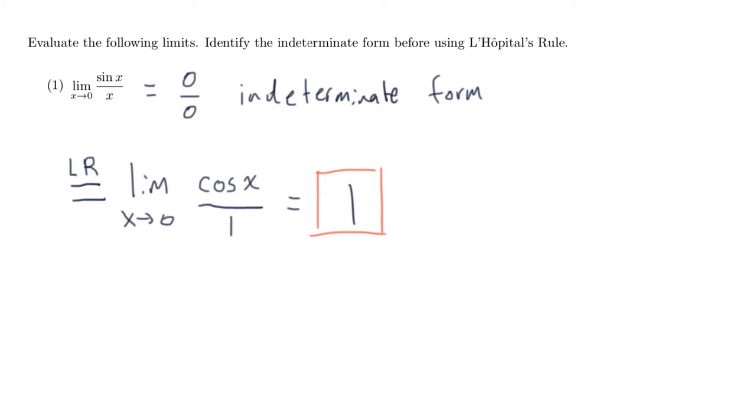And if you remember how we took the derivative of sine x, we actually had to know the limit as h approaches 0 of sine h over h. So there's definitely a bit of circular reasoning here. But again, I'm just illustrating that in the future, if you have a limit like this, you can just apply L'Hopital's rule.